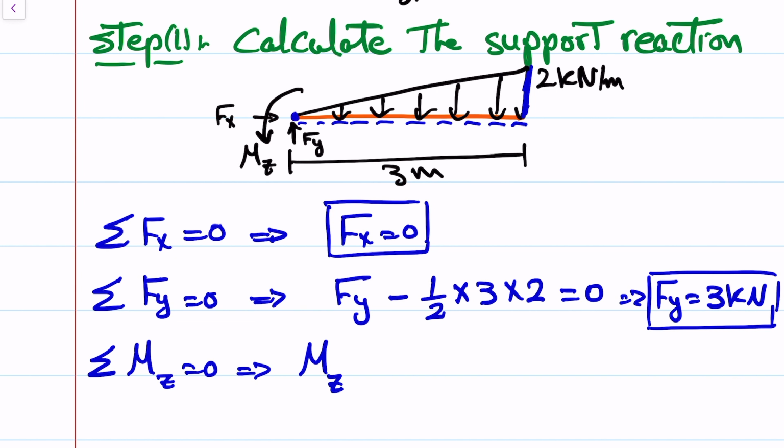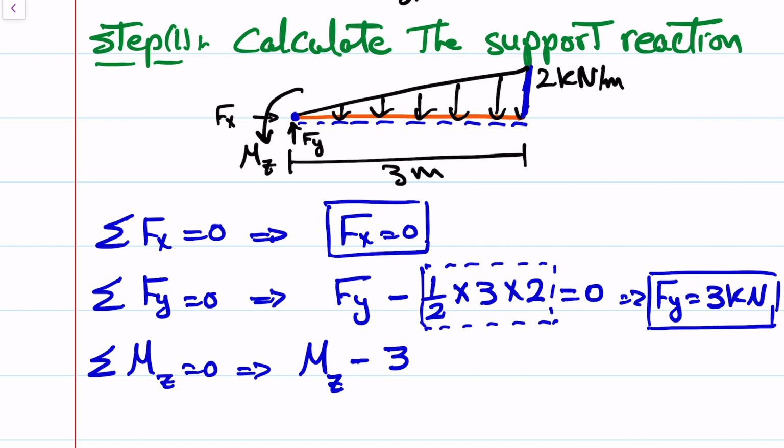So Mz is positive because it is counterclockwise, and then the moment produced from the distributed load would be clockwise, so it would be negative, and it would be the point load equivalent to this distributed load, which we just calculated in the previous step, which was 3 kilonewton.